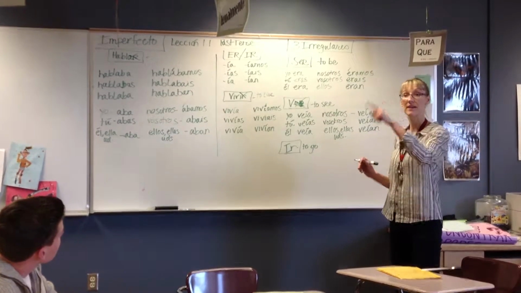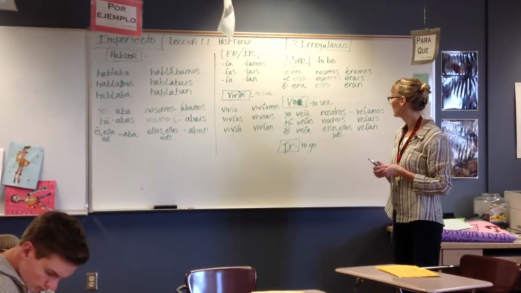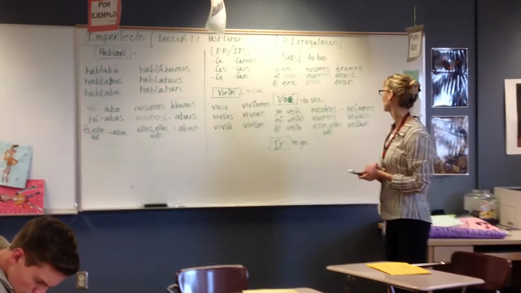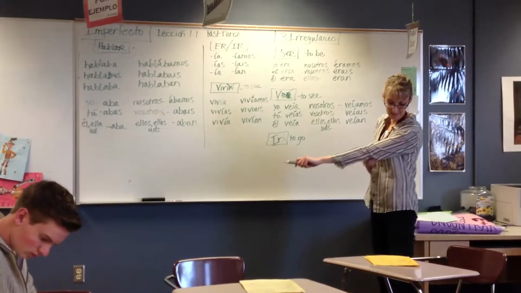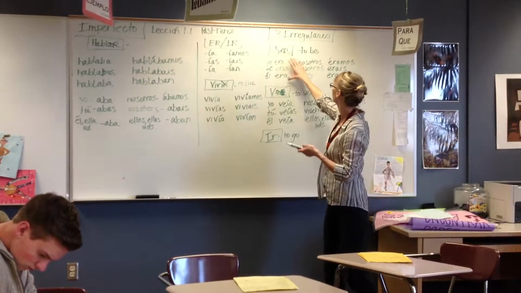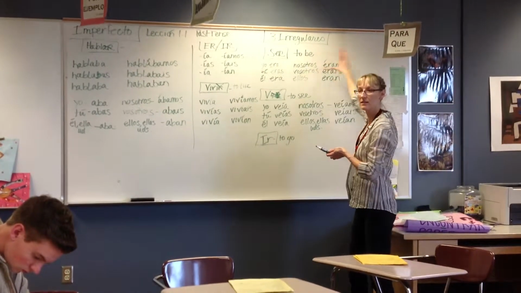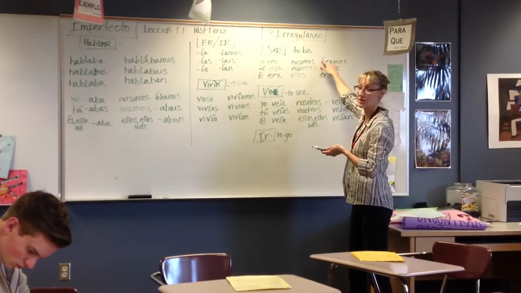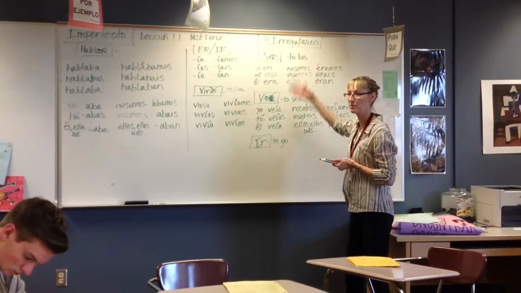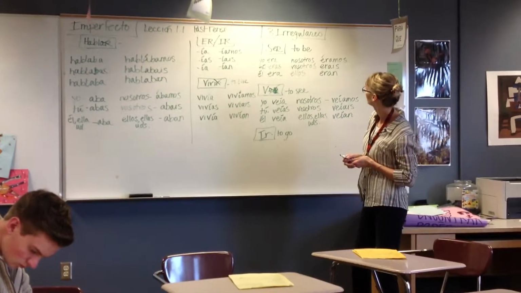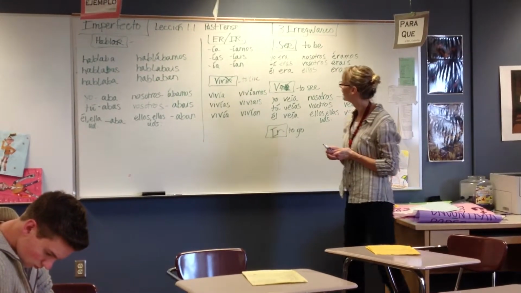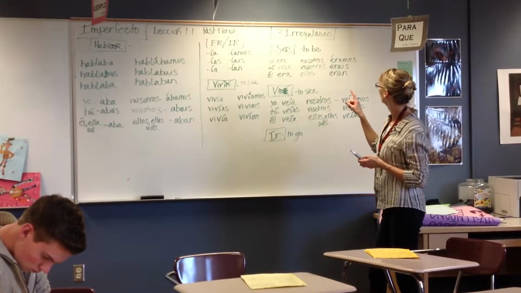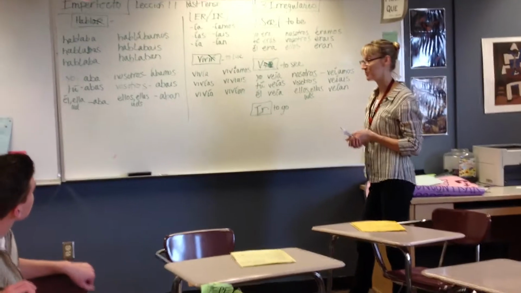Dime, Alex. Are there accents over the I still? Yep, there are. Yes, and even on this irregular one. The only one that doesn't have accents is ser. Just on the nosotros, but not over every form. None of them have the I. They don't.